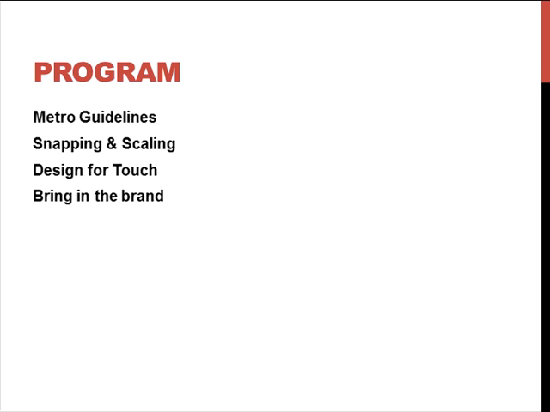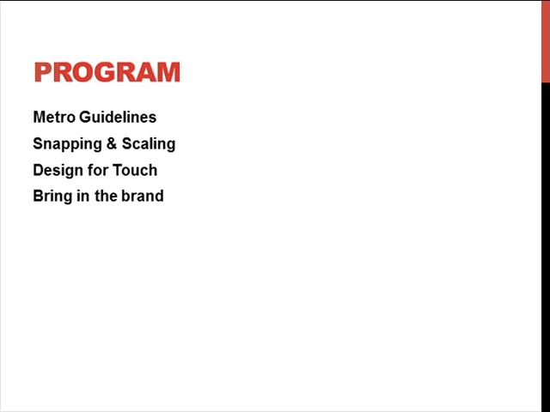So we're going to repeat a little bit what we discussed on Tuesday. We're going to retake the Metro guidelines, but go more in depth into them. We're going to talk a little bit about snapping and scaling and why it's very important to take that into account, and also about designing for touch and a few tips and advice on how you can take that into account when you're building a Windows 8 application.